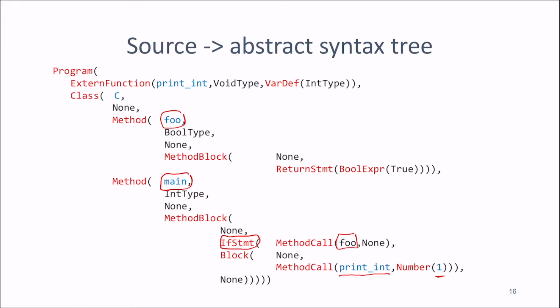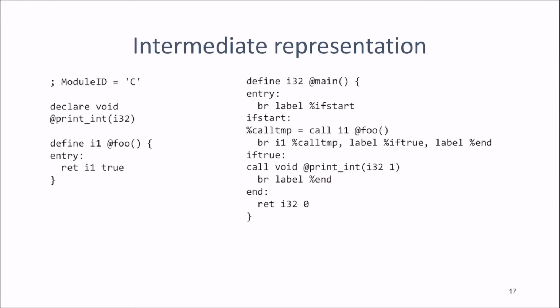Okay, the next step is to take this abstract syntax tree through a process which we will study in great detail in this course, but which will appear like magic right now. We create an intermediate representation. The main things I want you to look at here, because it's a lot of text, is that there is a main function. There is a function called foo. It's calling foo over here in this line, and then this br is a branch instruction in this intermediate representation.